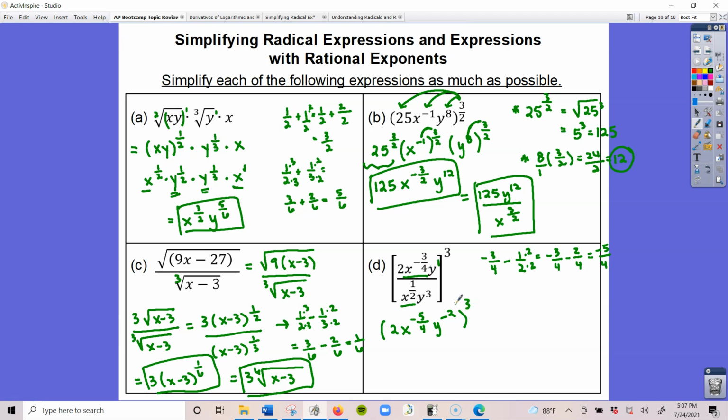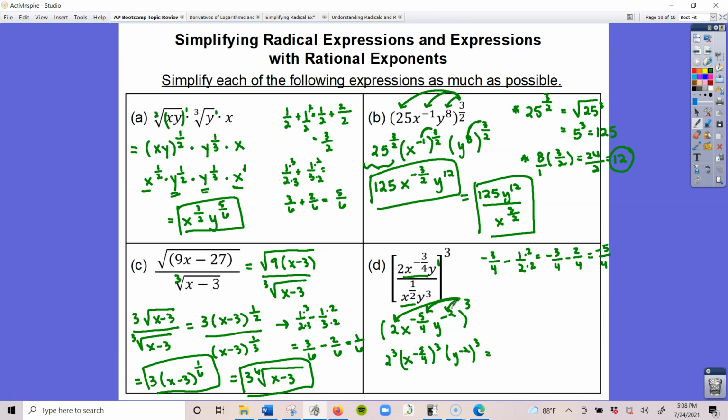So now we apply this power to everything in the parentheses. We're going to do 2 to the 3rd times x to the negative 5 over 4 to the 3rd times y to the negative 2 to the 3rd. Remembering to apply these exponents, especially for the x's and the y's, we're going to multiply those exponents.